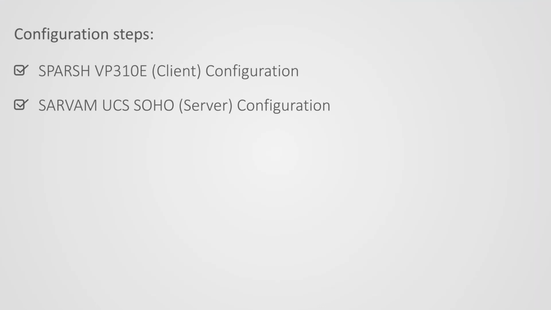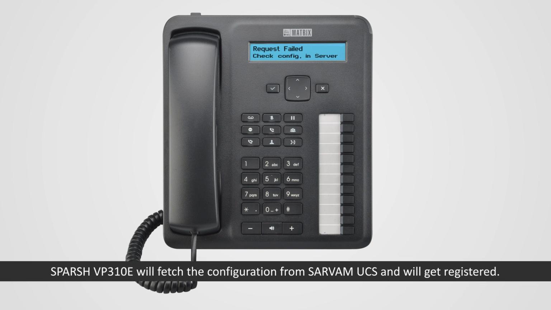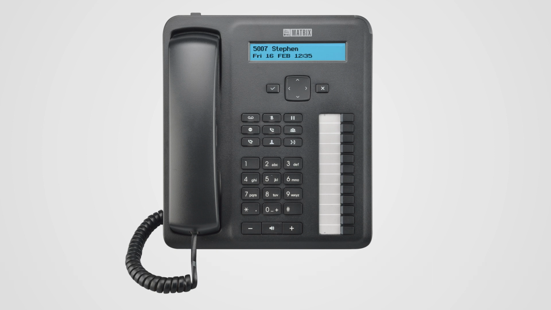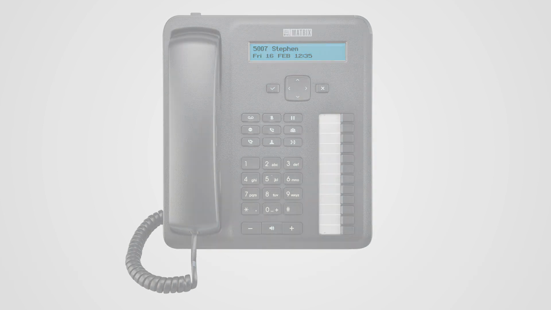This completes the SARVAM UCS SOHO configuration. SPARSH VP310E will fetch the configuration from SARVAM UCS and will get registered. With this, we finish the entire configuration. SPARSH VP310E is now ready for use.